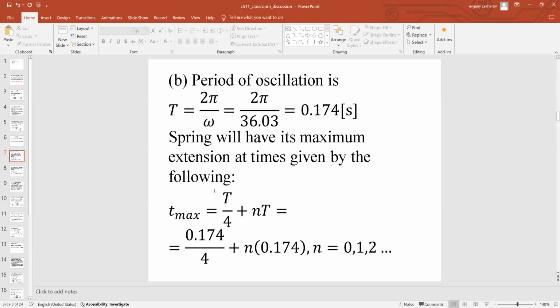Remember that omega is 2 pi over T. This is your radians. Those are the seconds. So you go through one complete revolution or one full cycle for oscillations. You travel through 2 pi radians, and T is the amount of seconds that it takes you to do so. So omega is 2 pi divided by T.